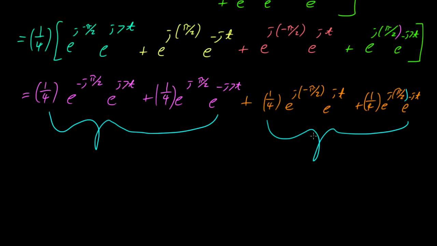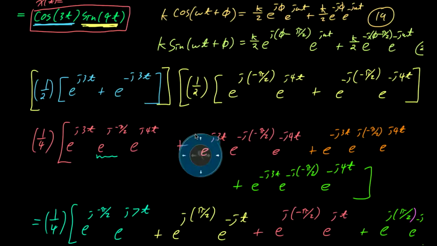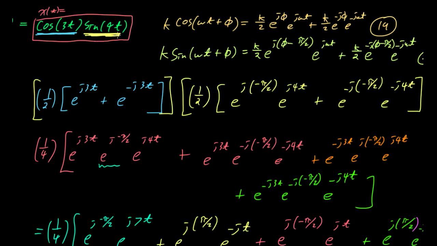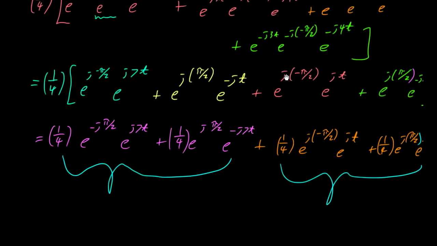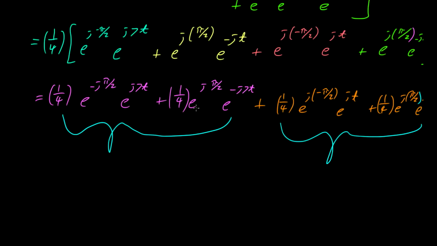Hopefully you found a little bit of insight here: I took a cosine and a sine and multiplied them together, did a whole bunch of complex algebra, and figured out that I could represent this as adding together two cosines with different frequencies.